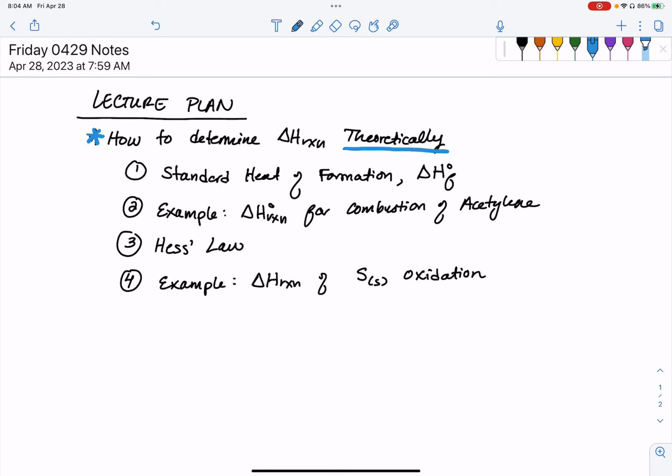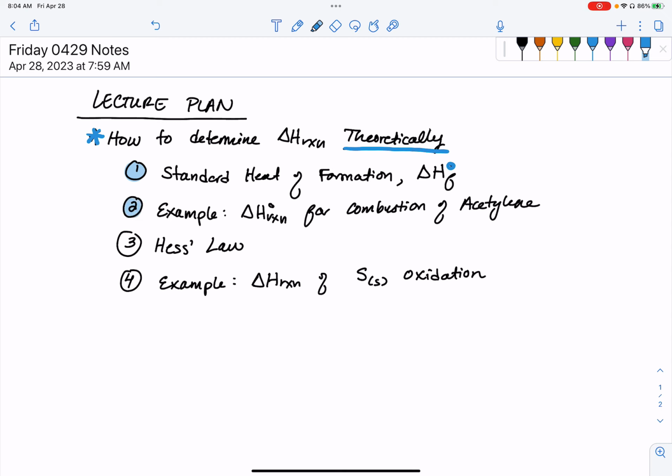So the first way that we're going to do this is we're going to look at something called the standard enthalpy of formation, or the standard heat of formation, delta H_f, where this little degree symbol up here means at standard conditions. We'll talk about that in a moment. And from the standard heat of formation definition, we will practice an example of determining the heat of reaction.